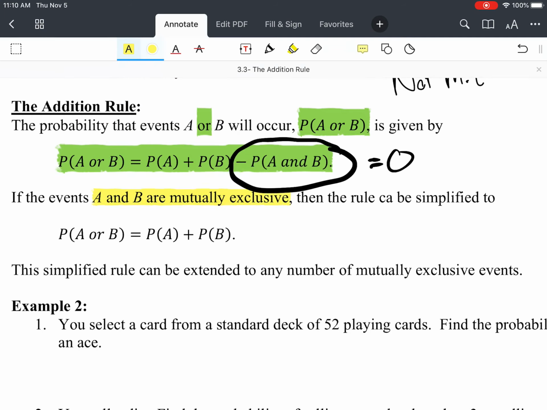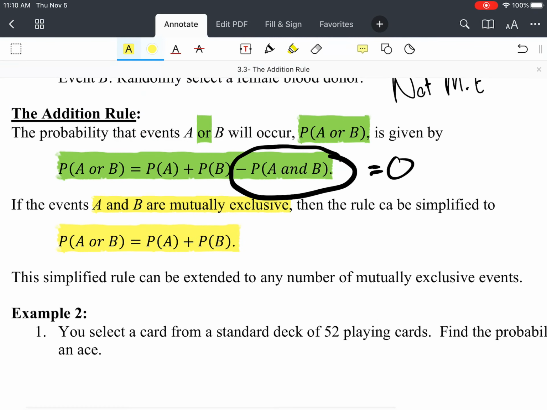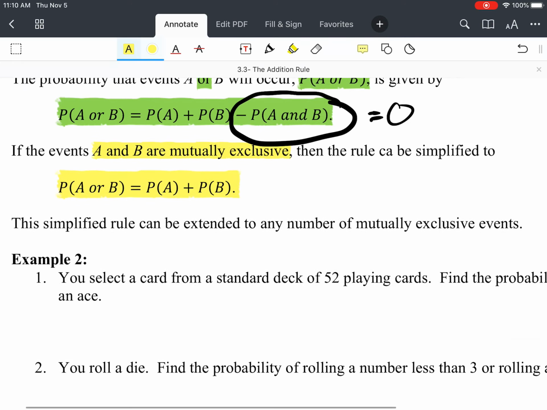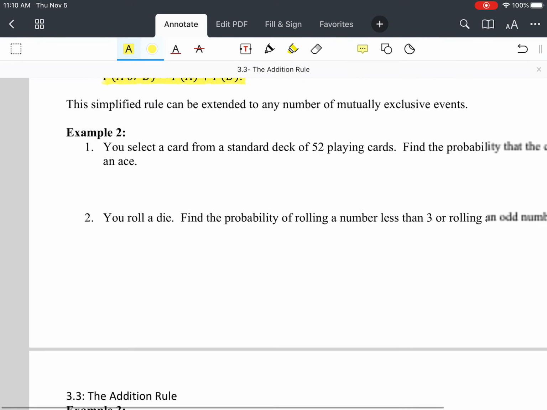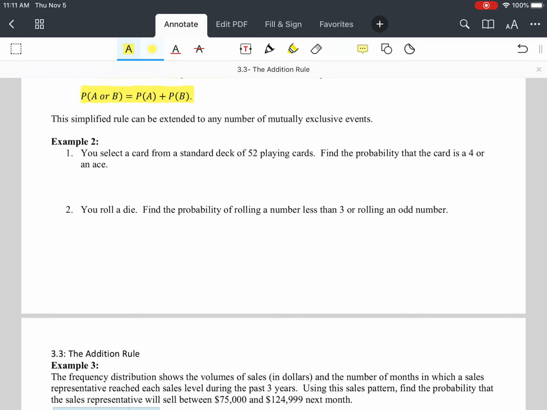So if events A and B are mutually exclusive, we can simplify it to this, where we get rid of that minus A and B portion. Again, that's just a simplified version. The green highlighted part is the one that you actually want to memorize.